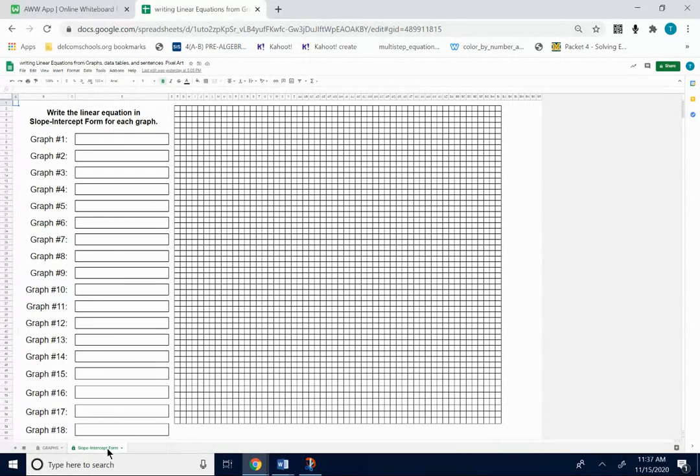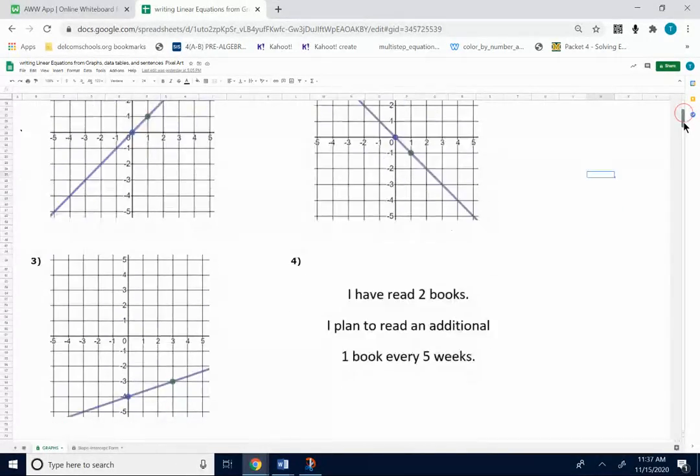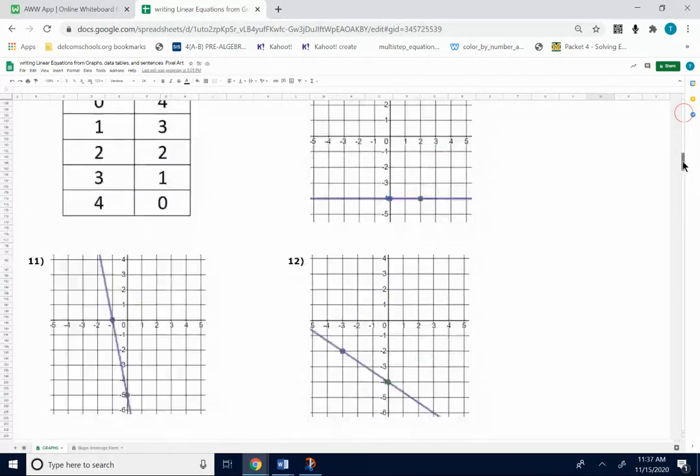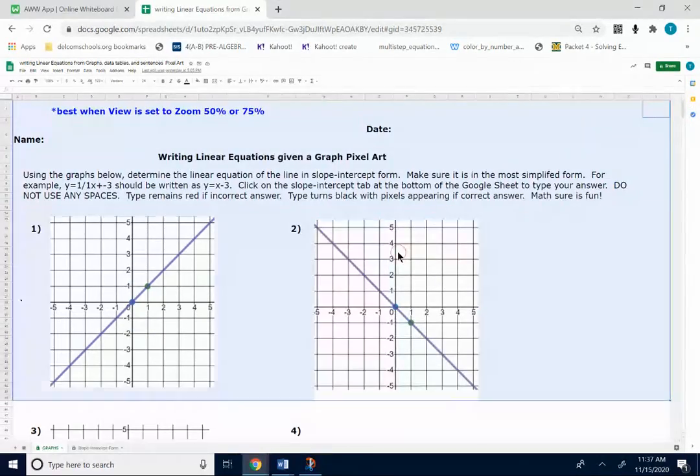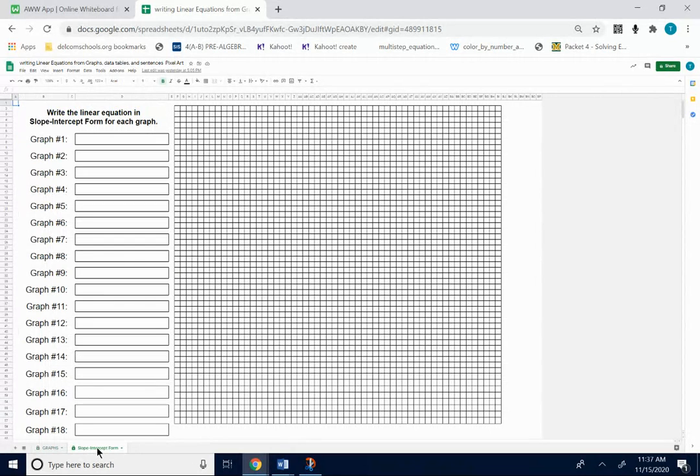That's where you type your equation in. I manipulated this, so it's not only graphs, but it's graphs and a few data tables and a few sentences. On that page, that's where the problems are. And then you click this other tab to get to the answers.